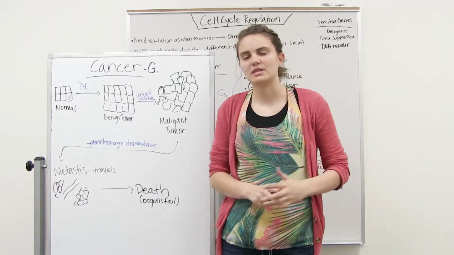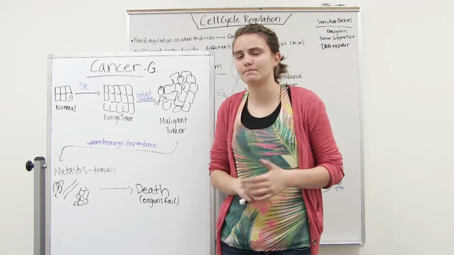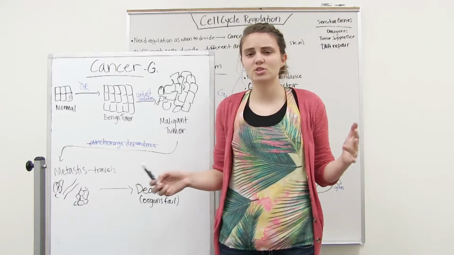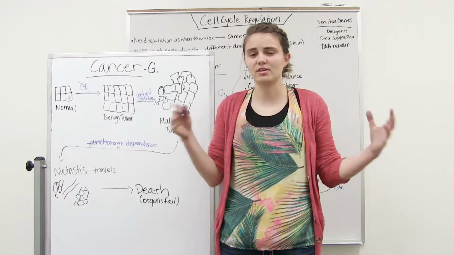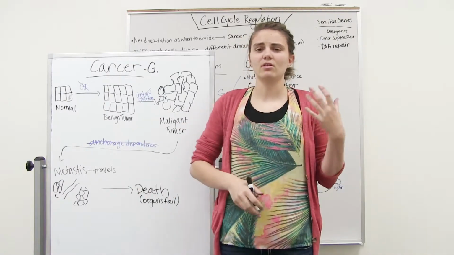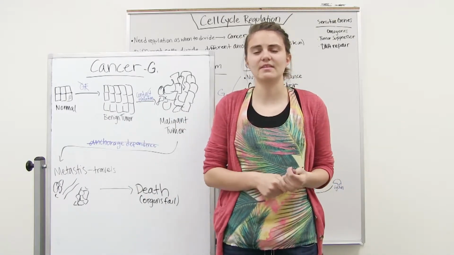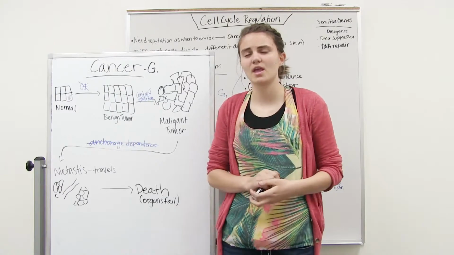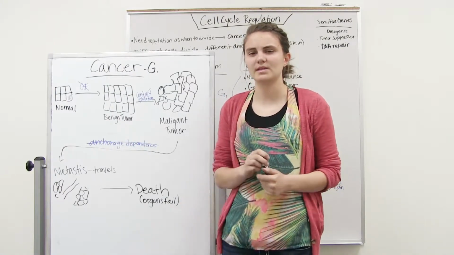This will eventually lead to death because they will spread so much and continue growing that they'll invade organs, and then the organs won't be able to function properly, and then the person will die.